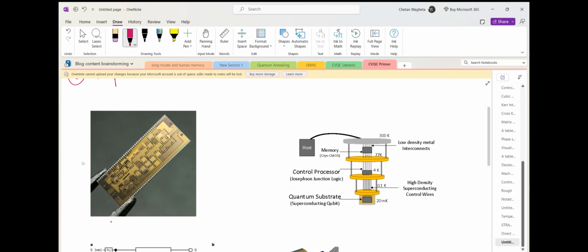So this particular photo over here is of the discrete variable quantum computing system, and currently discrete variable quantum computing is done using superconductors. So we have a superconducting qubit chip which is used for discrete variable quantum computing.